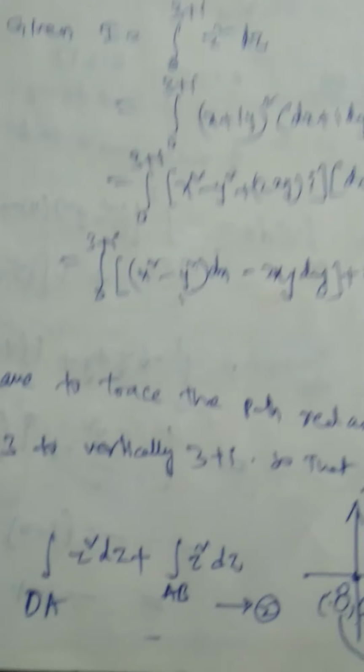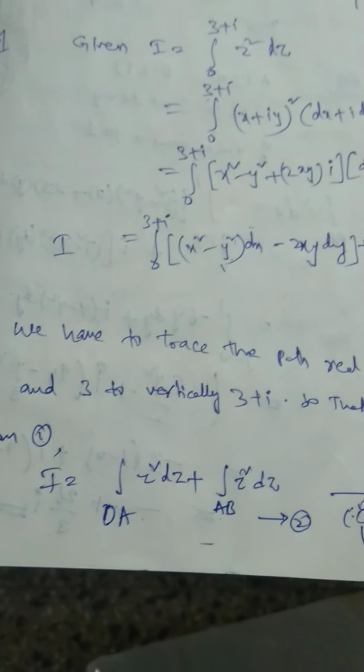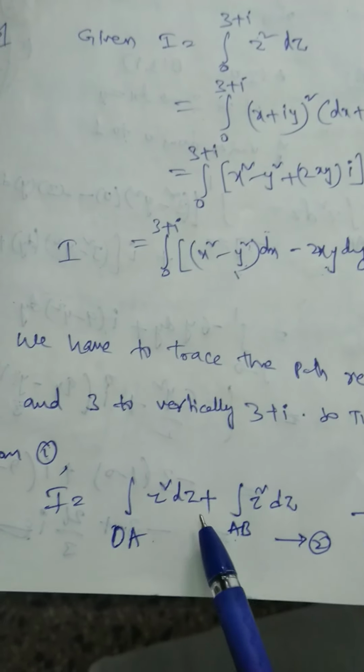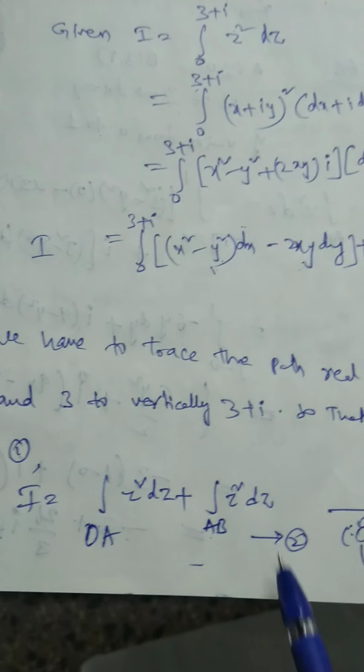So the line integral will be written as I equals integral OA z square dz plus integral AB z square dz.